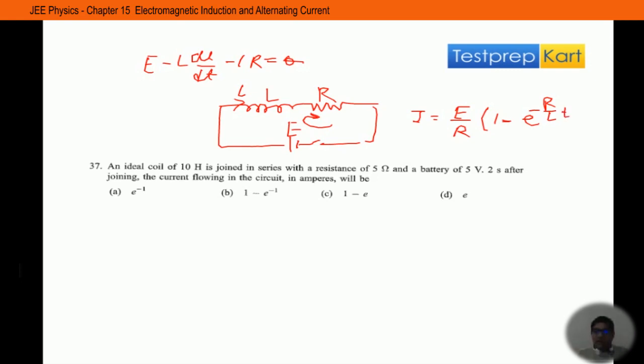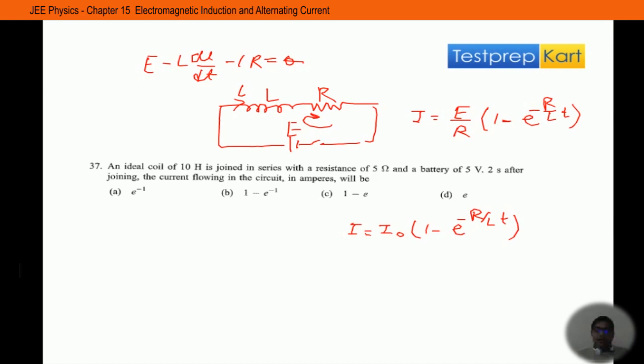This is the solution of this differential equation. But what I would suggest is that instead of wasting time solving the differential equation, you can remember the current equation for an LR circuit: I equals I naught into 1 minus e to power minus R over L into t. Now see, what is I naught?